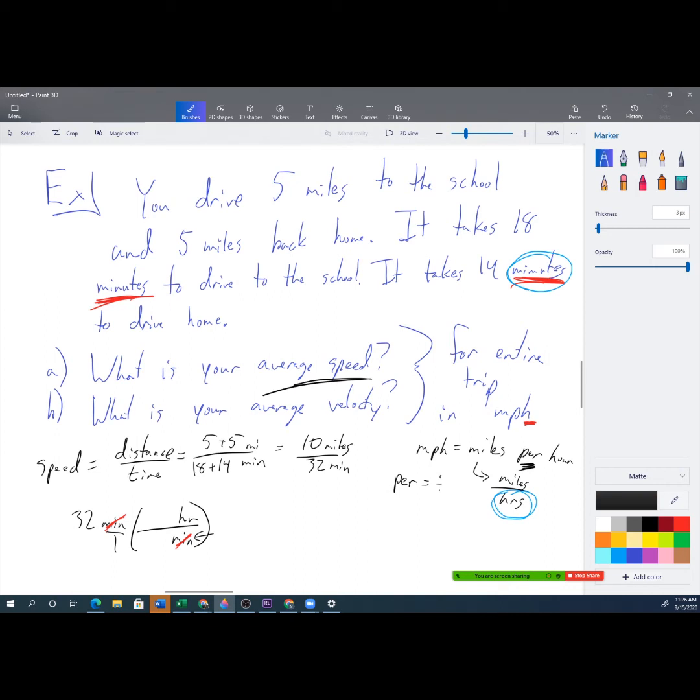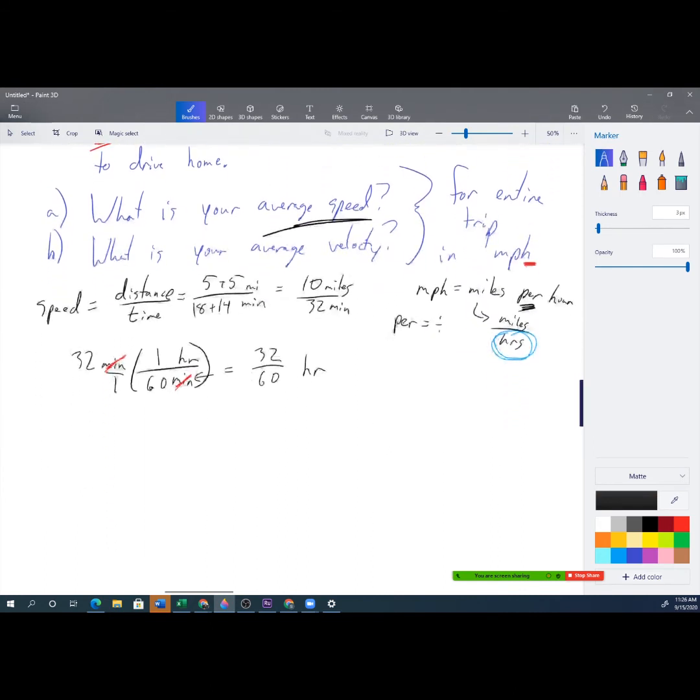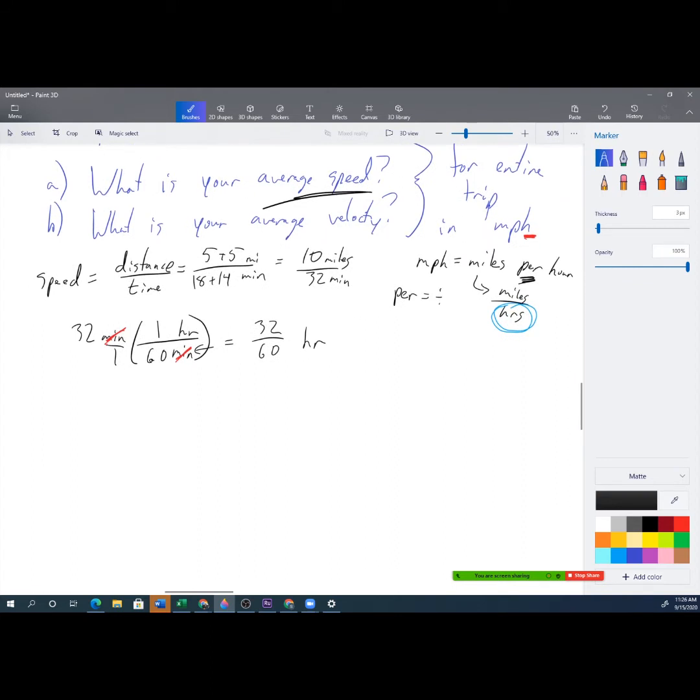60 hours to 1 minute? Nope. 1 hour to 60 minutes. Okay. And for the sake of what we're doing, don't even grab a calculator yet. We will later. Just leave it as 32/60ths of 1 hour. Not the comfortable way to leave it, but if you round it here, what I found is your answer will be a little bit further off later.